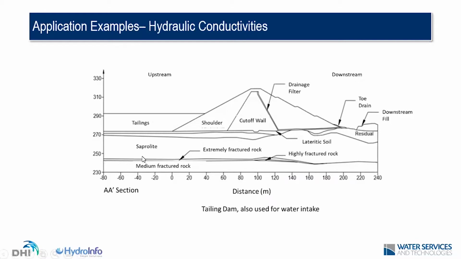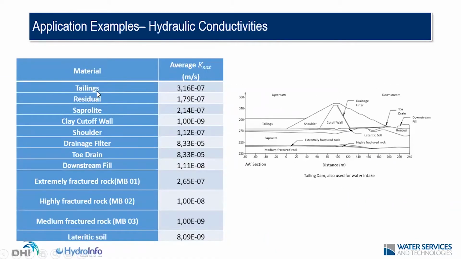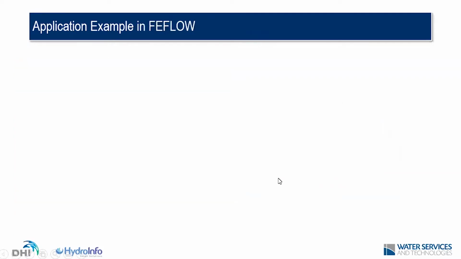We are also given estimates for hydraulic conductivities for each type of material. So for example, for the tailing, we're going to enter 3.16 × 10^-7 meters per second. For the clay cutoff wall, 1 × 10^-9 meters per second, less permeable, and so on for every one of them. So let's start with the application in FEFLOW.